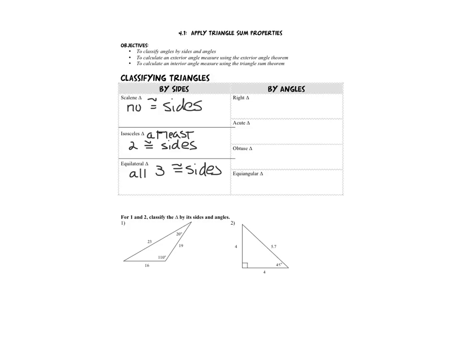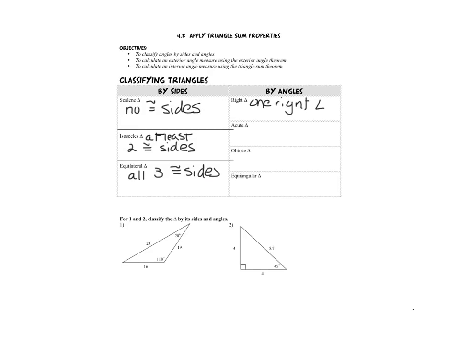So like I said, when you classify a triangle, you don't just classify by its side lengths, you also have to classify by its angles. So we have four different types here. The first one is a right triangle, and a right triangle is going to have one right angle. So a 90-degree angle, and inside the triangle there's going to be that little box that indicates a right angle.